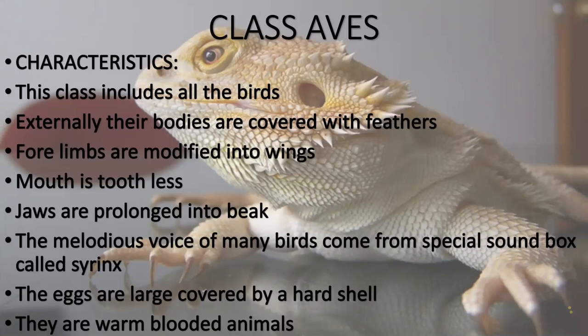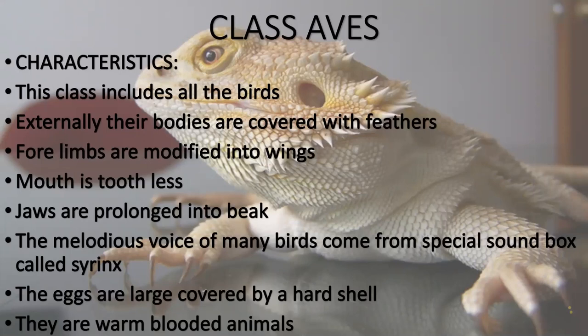Forelimbs are modified into wings. That is, they have only hind limbs. Their forelimbs are modified into wings which help them to fly or glide. Mouth is toothless.